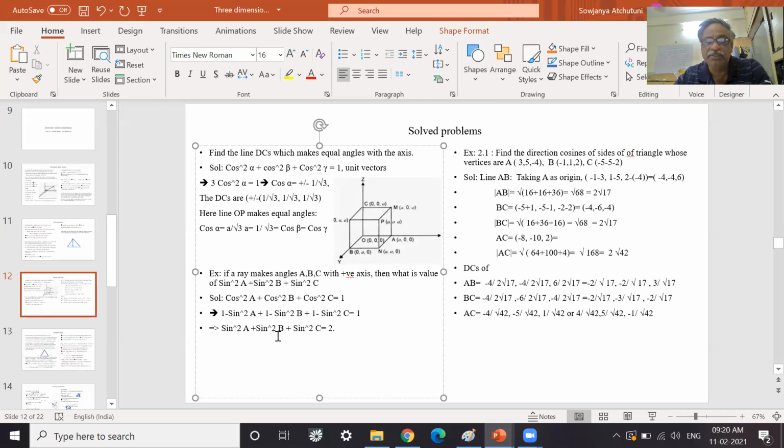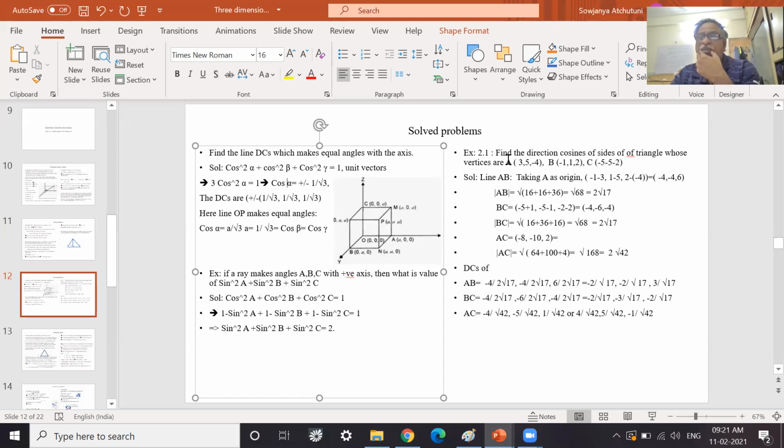So sin squared A plus sin squared B plus sin squared C is 2, whereas cos squared A plus cos squared B plus cos squared C is 1. If we add these two, what will happen? 1 plus 2, 3. Cos square A plus sin square A is 1, cos square B plus sin square B is 1, cos square C plus sin square C is 1. So 1, three ones, 3. It is all the same formula, seen at different angles.